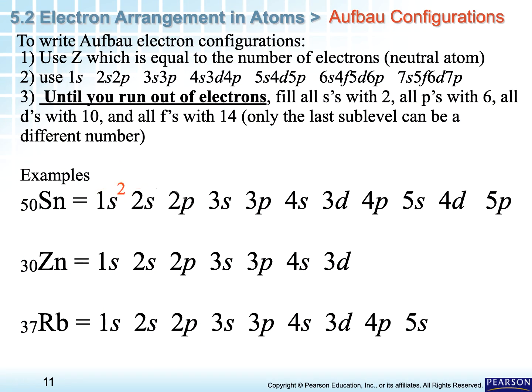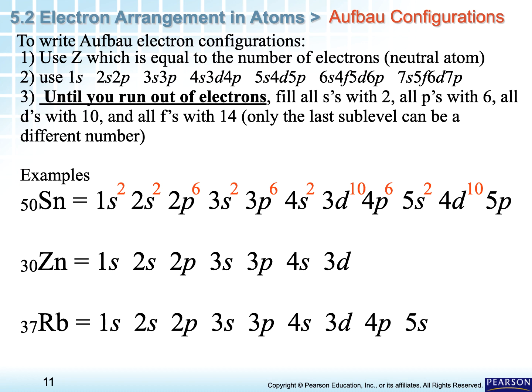Now, to write Aufbau configurations, I'm going to show you how they work. You will not have to write them because all of the electron configurations are already on the periodic table. But if we were writing them out, you have to use Z, which is the atomic number, and that is always going to be equal to the number of electrons in a neutral atom.